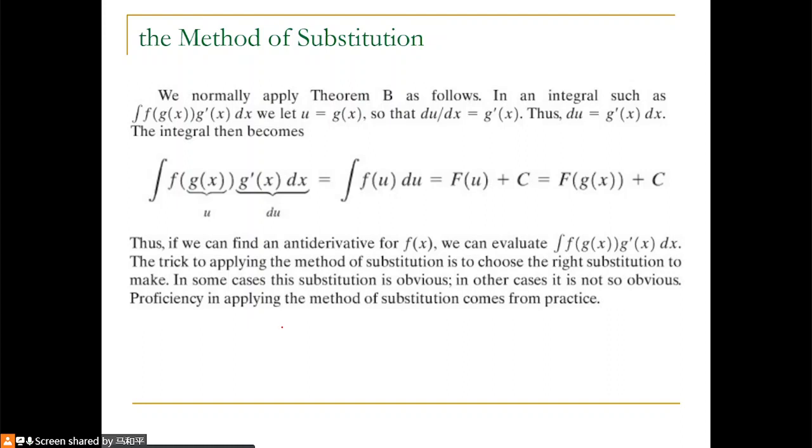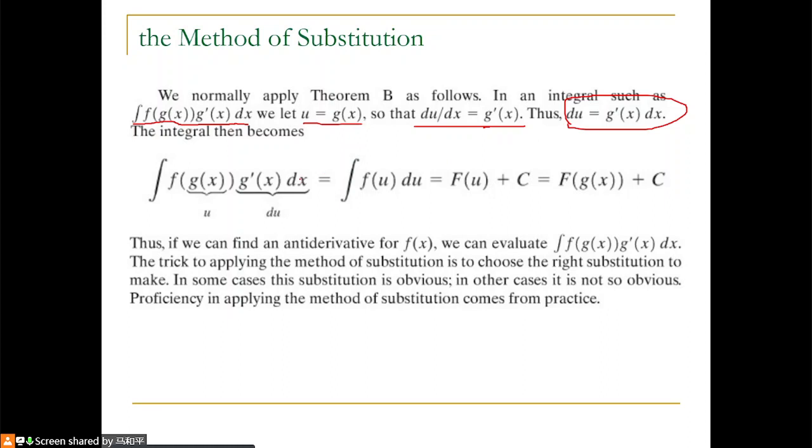Okay, we normally apply Theorem B as follows. In an integral such as this one, we write u equals g(x). Here we have f(g(x)) and g'(x). We write u is g(x), and so du over dx is equal to g'(x), right? From this we have du equals g'(x) dx.